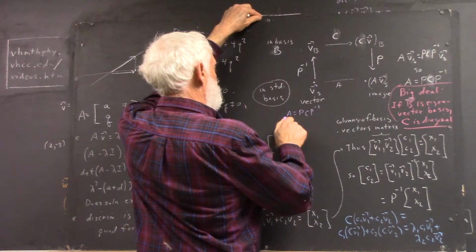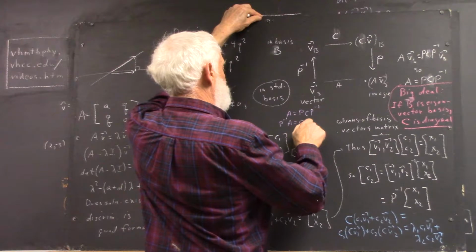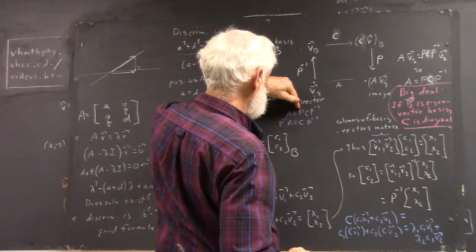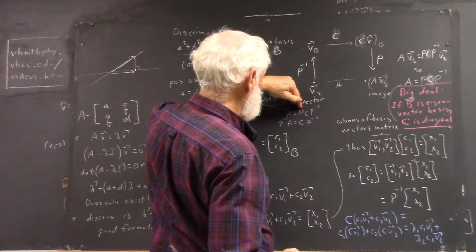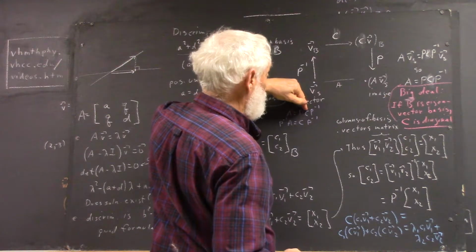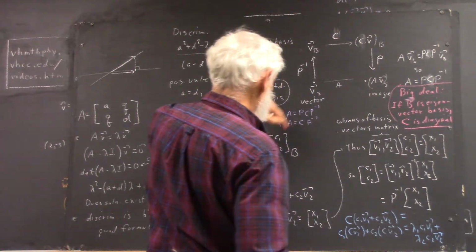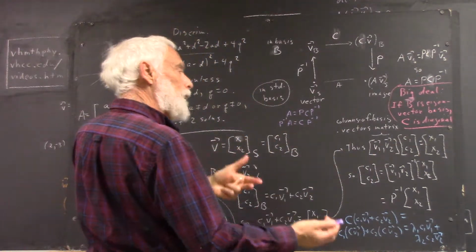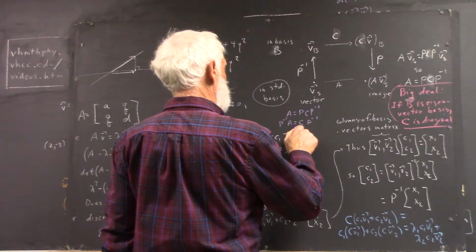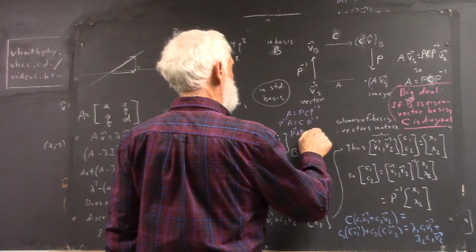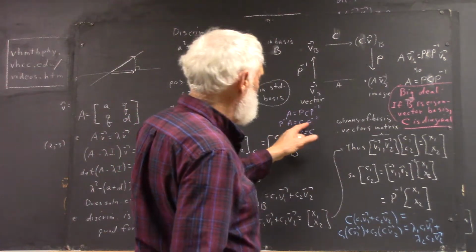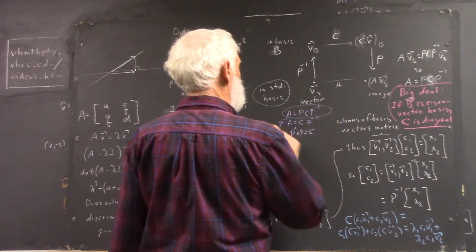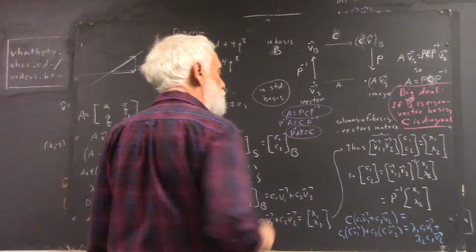So P inverse A has to equal C times P inverse, because multiplying this on the left by P inverse matches up P inverse with P, giving us the identity, so that we just have C P inverse. And of course we have the P inverse A here. Then how do we get rid of the P inverse? We have to multiply on the right by P. So we get P inverse A P equals C times P inverse P, but P inverse P is the identity. So if A equals this, then this is your matrix C.